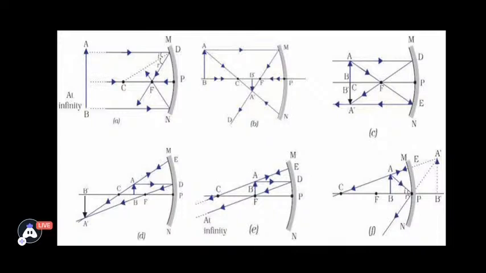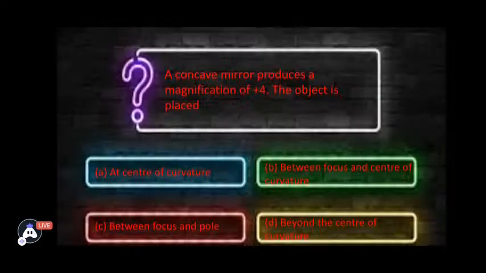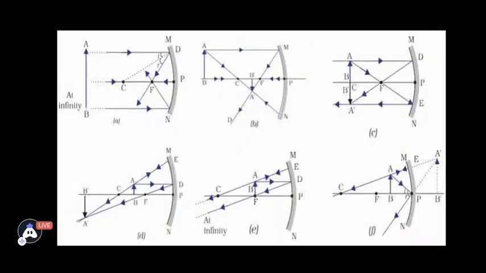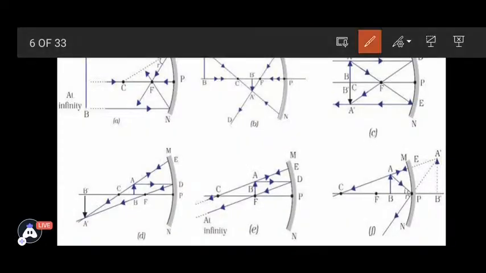Among them, tell me which case gives us a virtual and magnified image. A, B, C, D and E are all examples of real and inverted images, whereas F is the only example where the image is magnified and virtual.